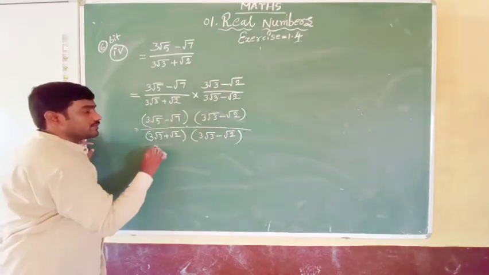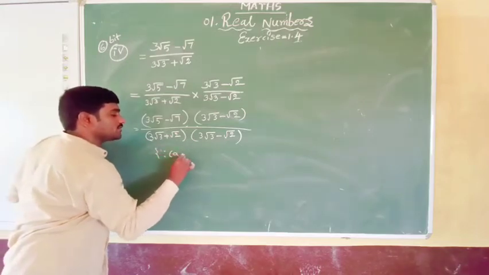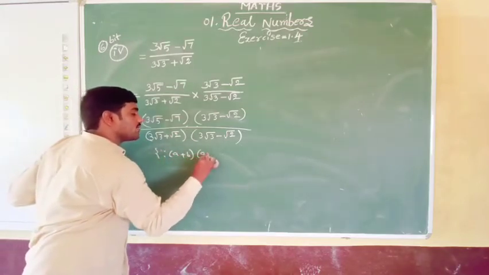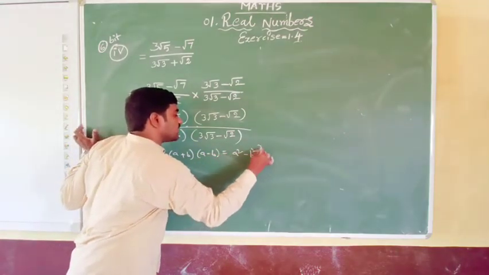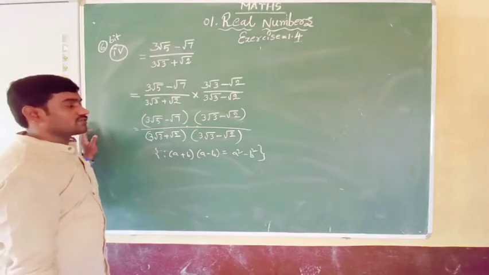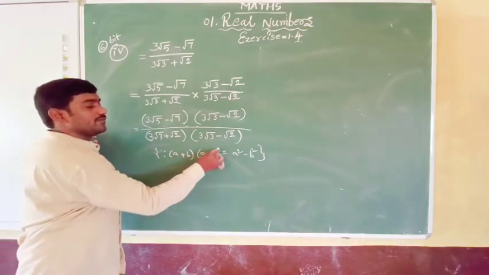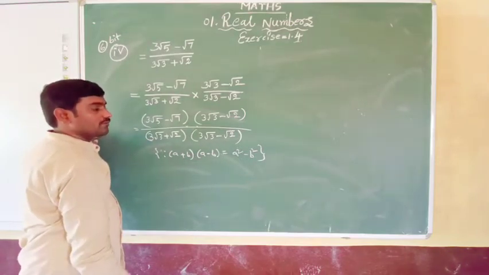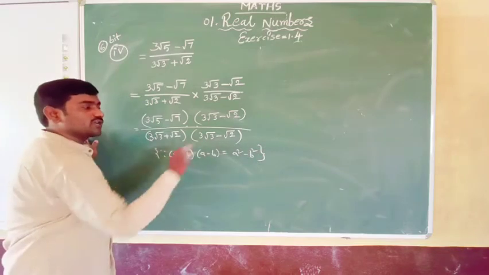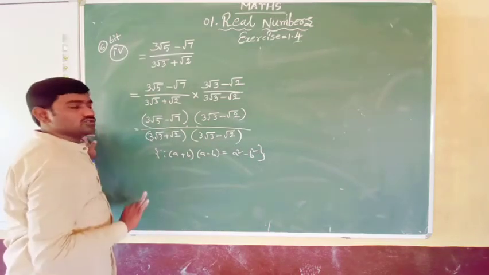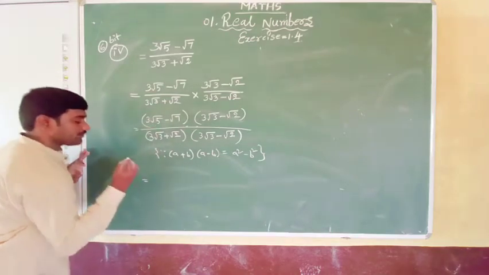In the denominator we can use the formula (a + b)(a − b) = a² − b², or (a + √b)(a − √b) = a² − b. We can use this formula, no problem. Then we'll multiply the numerator.